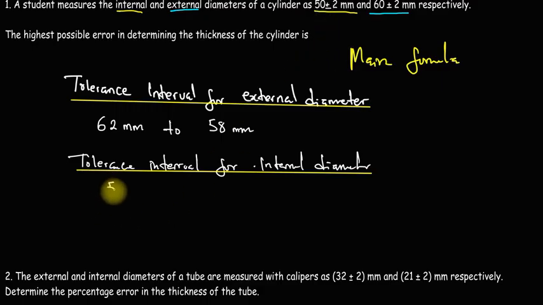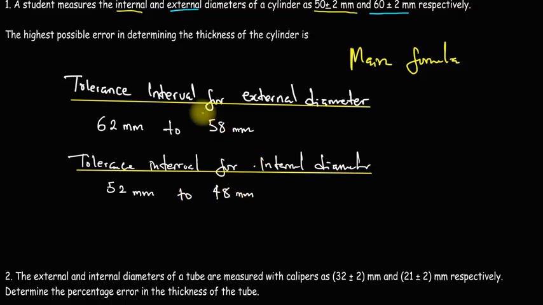So we're going to have 52 millimeters to 48 millimeters. That's the tolerance interval for the internal diameter.